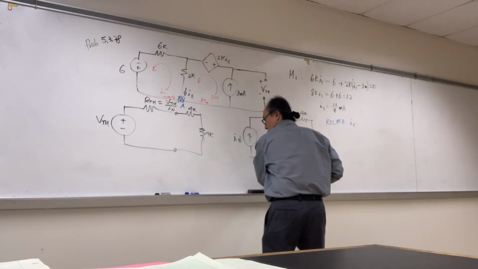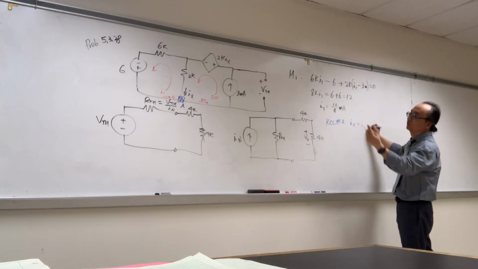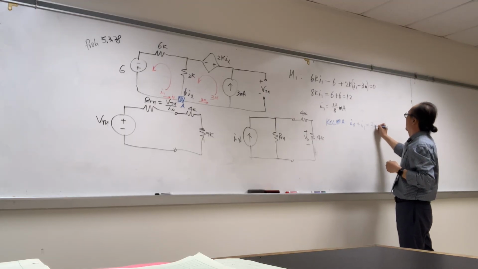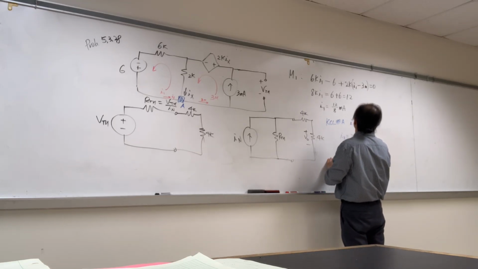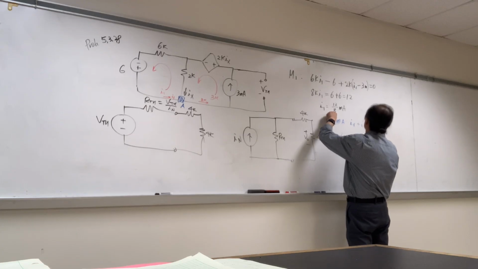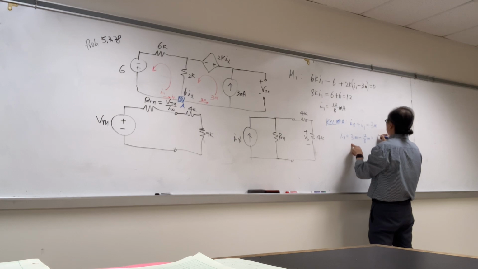So entering is I sub X and also I sub 1 equals 3 milli. So from here, I sub X equals 3 milli minus 12 over 8 milli.